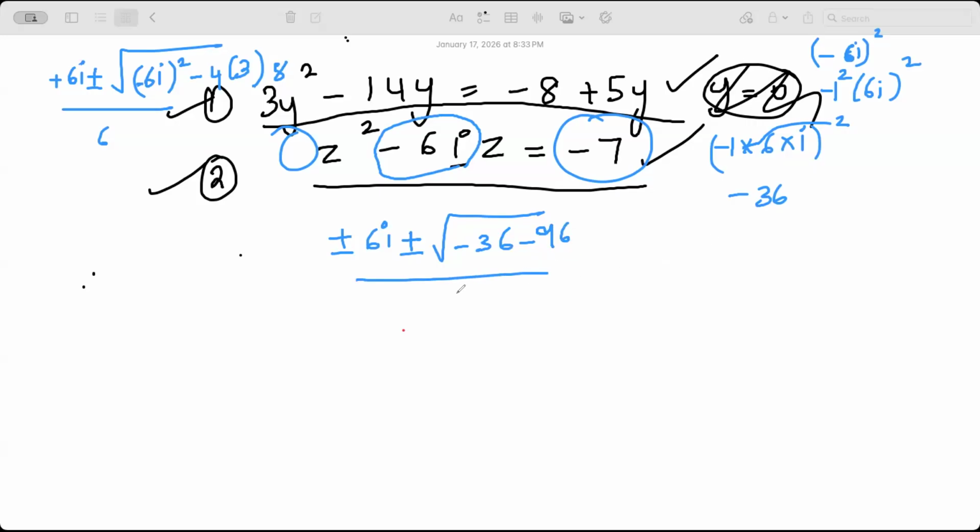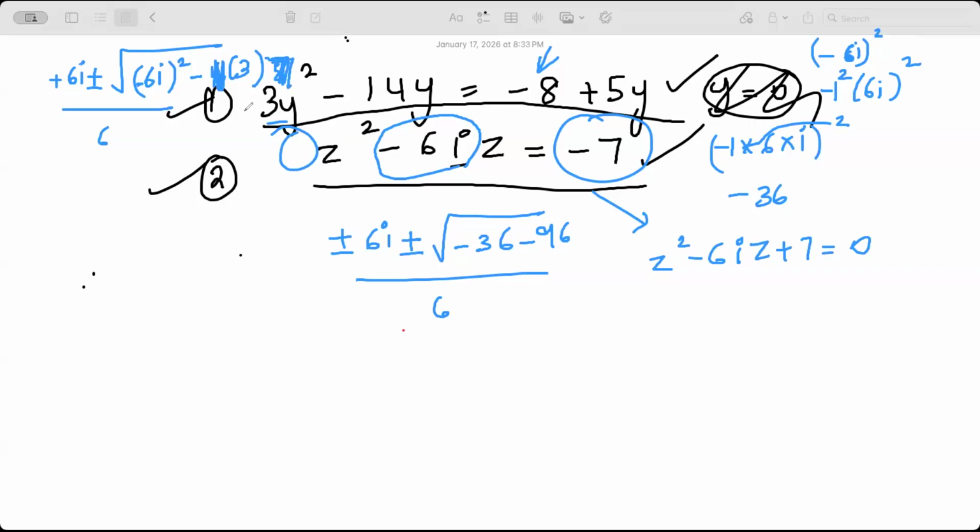Wait, what am I getting? I got minus 36 minus 28. Sorry, guys. I took this one wrong. This should have been plus 7. So let me rewrite this clearly here: z square minus 6iz plus 7 equal to 0. So 4ac, I took these two from here. I'm sorry, 1 and a 7.